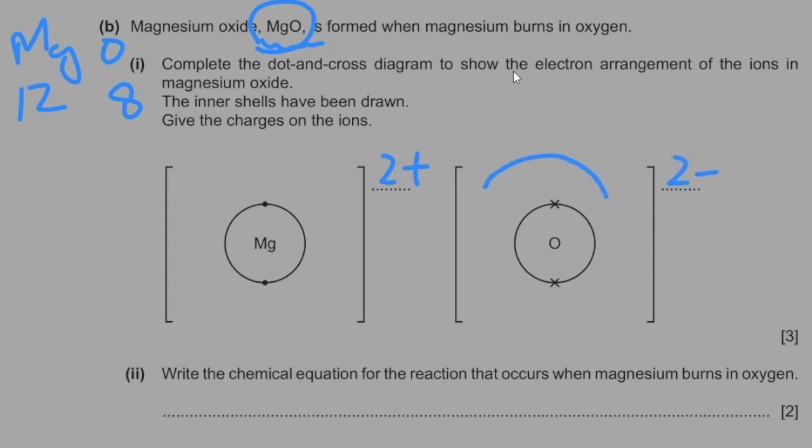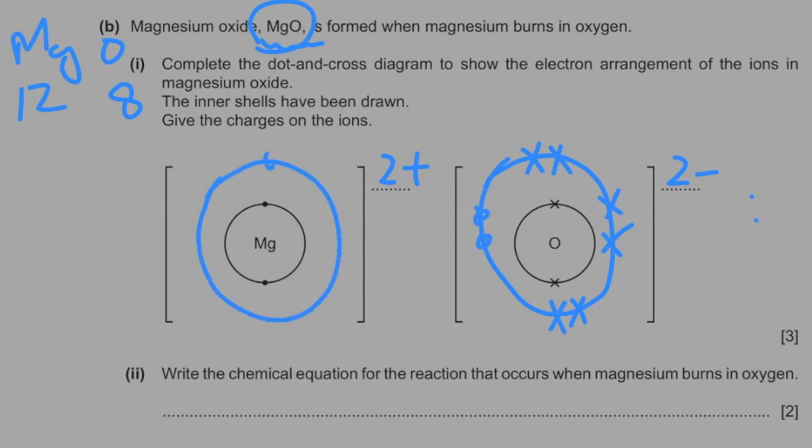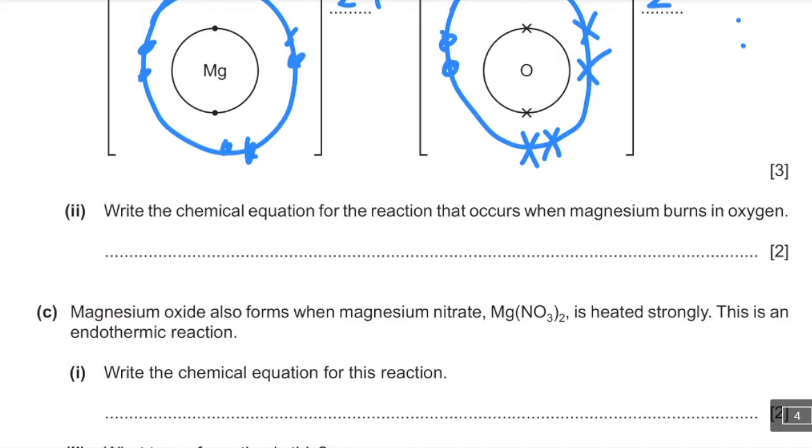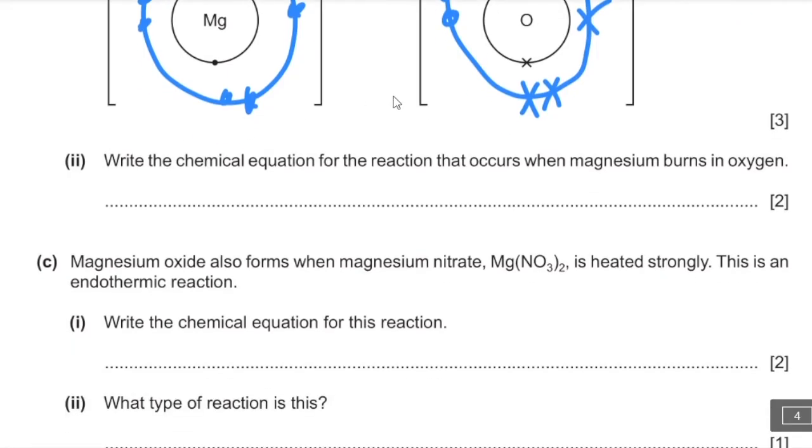So in the outer shell of oxygen, it has 6 of its own electrons, so I'll mark them with these crosses, and then it gains 2 from the magnesium atom. So the magnesium ion loses the 2 electrons from its third shell, and now the second shell is its outer shell. And that's it.